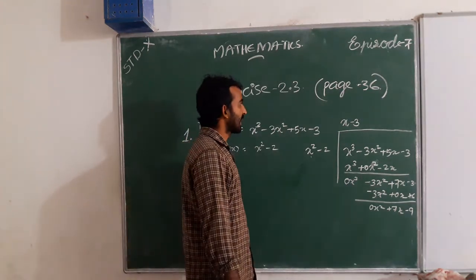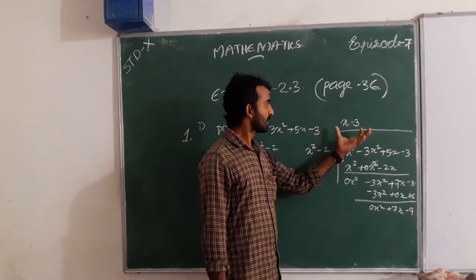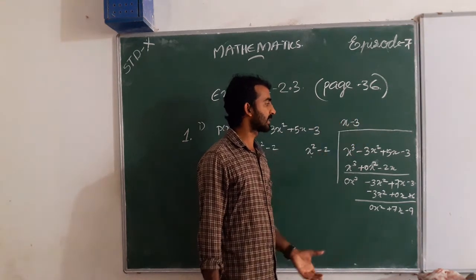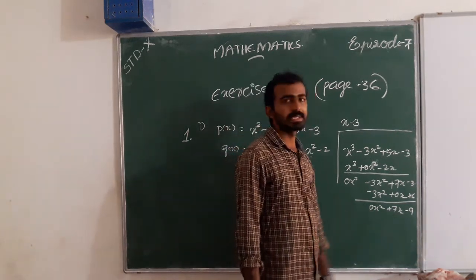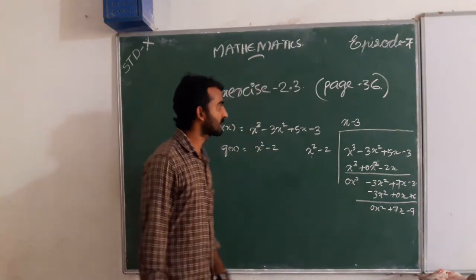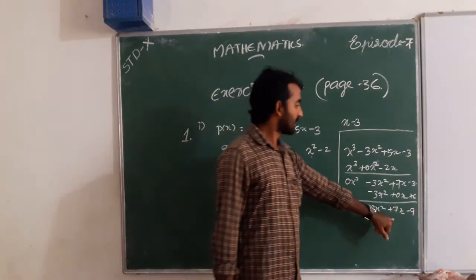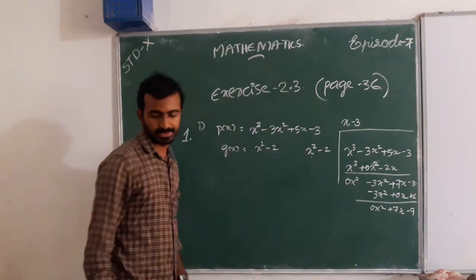Here, what is the quotient? The quotient is x minus 3 and the remainder is 7x minus 9. So the answer is: quotient is x minus 3 and remainder is 7x minus 9. Is it? Yes.